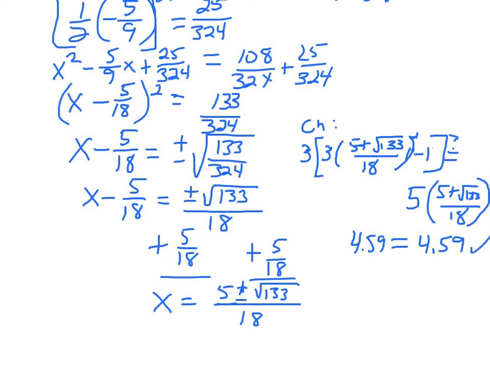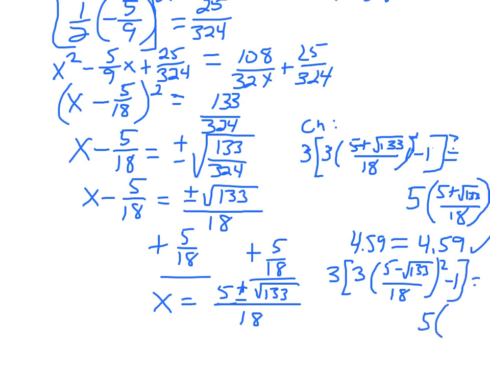So that checks out. So the other check is 3 times the quantity, 3 times the quantity 5 minus root 133 over 18, all of that squared minus 1, and we want to see if all of that equals 5 times 5 minus root 133 over 18.